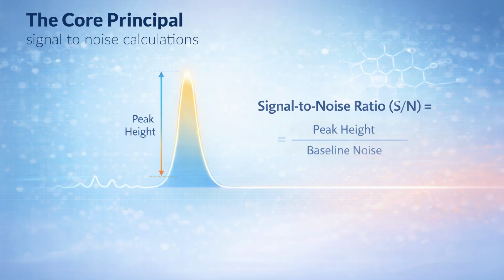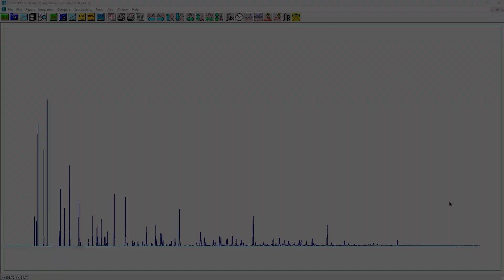Because of this, signal-to-noise must be calculated from detector voltage, not from integrated peak area. Peak area and baseline noise do not share compatible units and cannot be compared directly. For this reason, signal-to-noise in chromatography is defined using peak height and baseline noise, both measured in the same units.